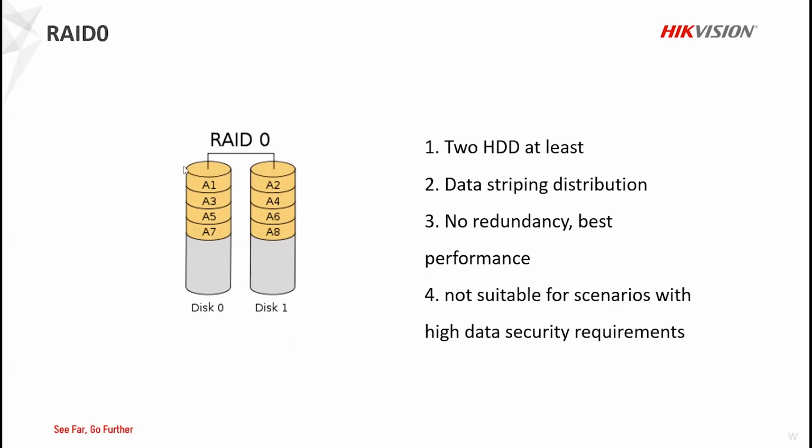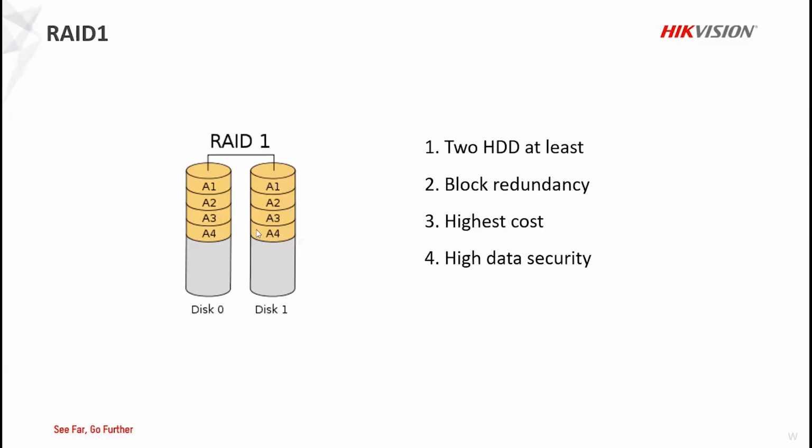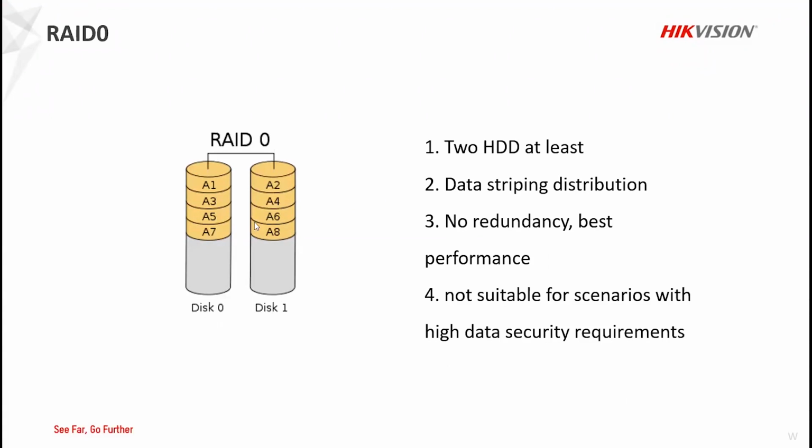There are RAID 0, RAID 1, RAID 5, like that. There are different RAID modes. The most used RAID type is RAID 5. But I will simply tell you, to do RAID 0, you need at least 2 hard disks, and your data will be striped and distributed across your two hard disks separately, but there's no redundancy.